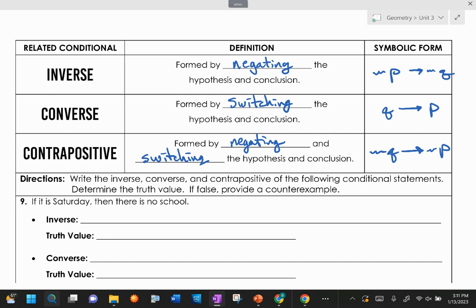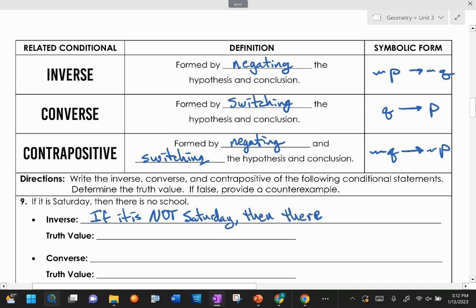So number 9 says, if it is Saturday, then there is no school. The inverse of that would be: if it is not Saturday, then there is school.